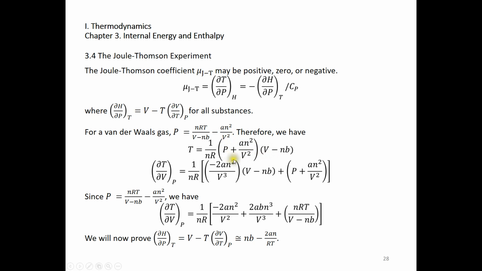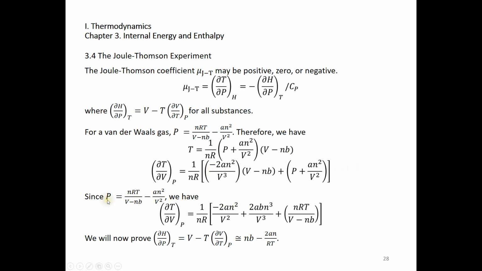What's the first derivative of this term? We copy N squared, and this is V to the power of negative 2. Its derivative is negative 2 times V to the power of negative 3. So we get the first derivative multiplied by V minus MB, and then we copy this here. We take the first derivative of this part, which is just 1. So we have this expression.